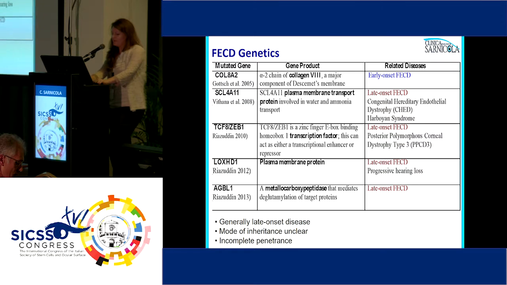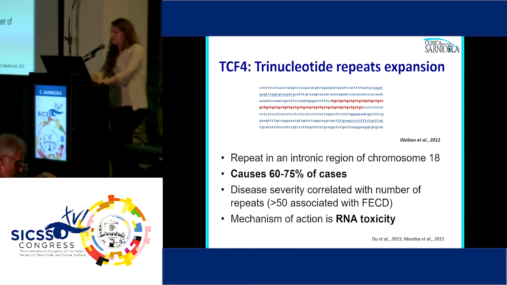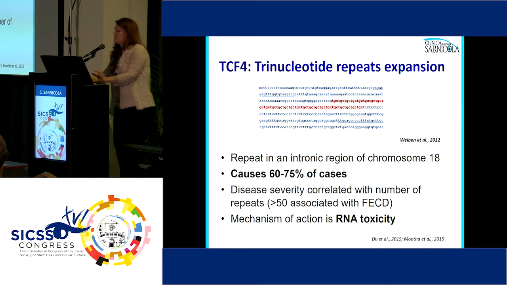Several genes have been identified causing such a dystrophy, and in particular in 2012, an expansion of a trinucleotide has been identified within an intron region. So the red line, thymine, guanine, and cytosine, is repeated several times. Let me remind you that introns are the sections of DNA which are not supposed to be coding for RNA and proteins.